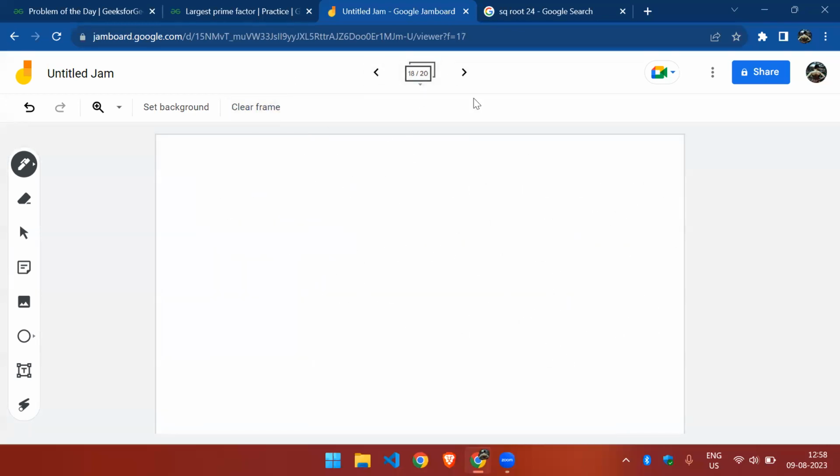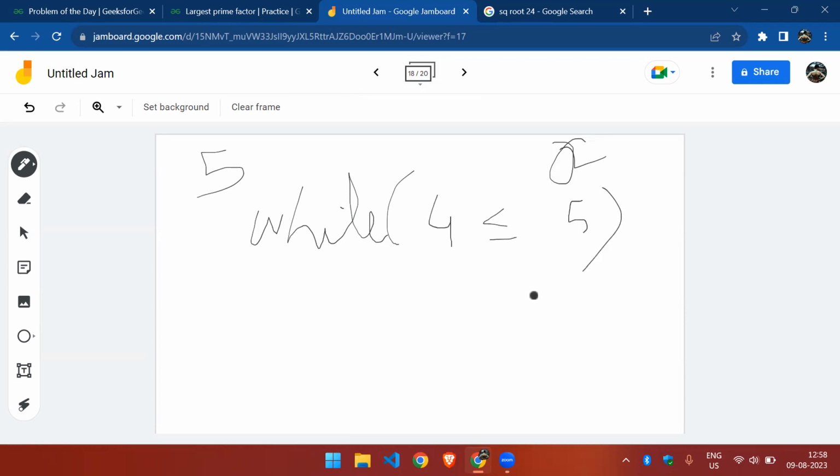Now let's consider the second test case in which we have n equal to 5. Here your if condition won't get executed. So we'll start off with 2, the smallest prime number, and we check if 4 is less than or equal to 5, right? And we check if 5 modulo 2 is 0.